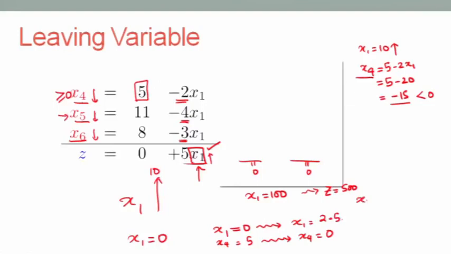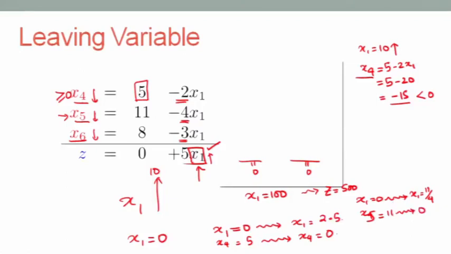Well, x1 starts at 0 and it can go all the way up to 11 by 4. Okay, so it can go up to 11 by 4, and when it goes to 11 by 4, it stops. Okay, because x5, on the other hand, which starts at 11, goes all the way down to 0.